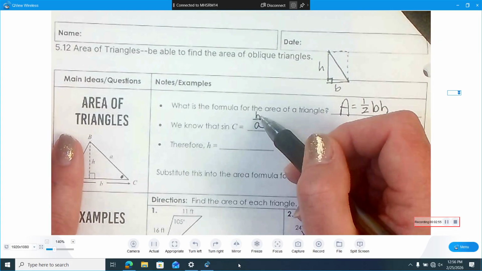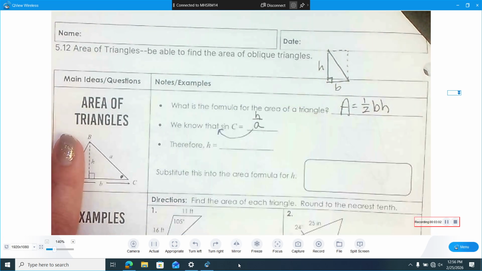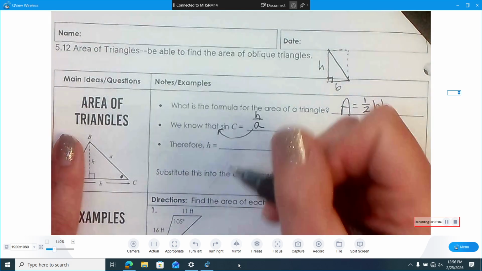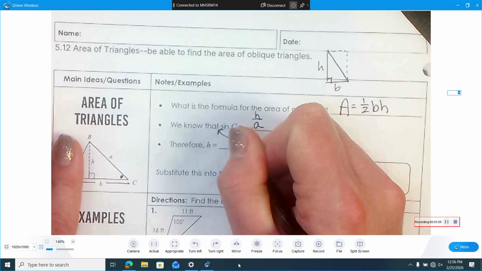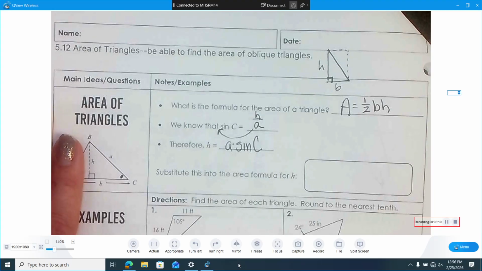And of course, if I want, I could get that h all by itself, times by a. So I could multiply that a to the other side, and it turns out that the height is just a times the sine of angle C.